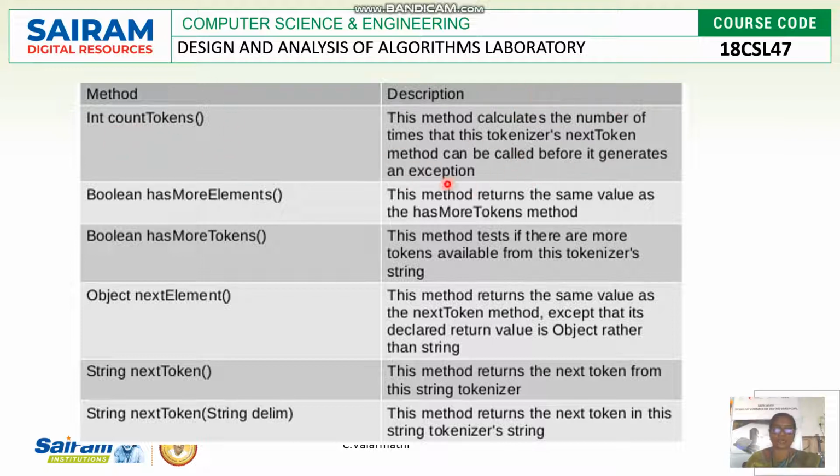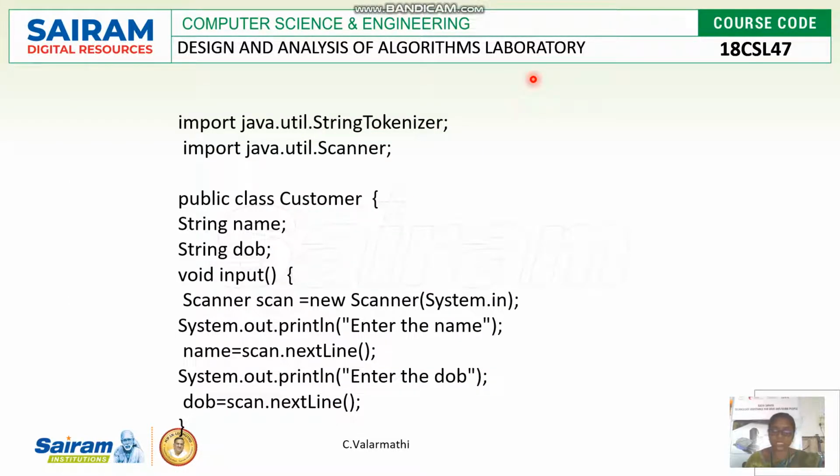It will calculate the number of times the string tokenizer can generate a token. hasMoreTokens specifies whether a token is available in the string; it returns true if so, or else false. Then nextElement and nextToken return the next token, and nextToken can also take a delimiter. If you want to specify an explicit delimiter, you can specify it. So these are all the methods in the string tokenizer.